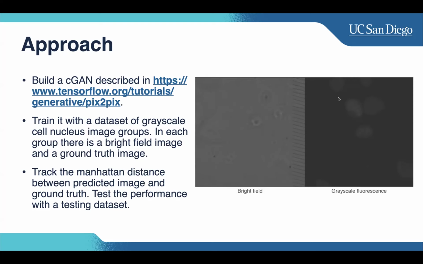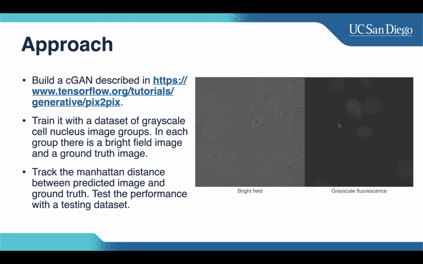I'm not sure if you can see it clearly, but here are some stained nuclei, and they can be observed as gray compared to the background. So in each group there is a bright field image and the ground truth image.